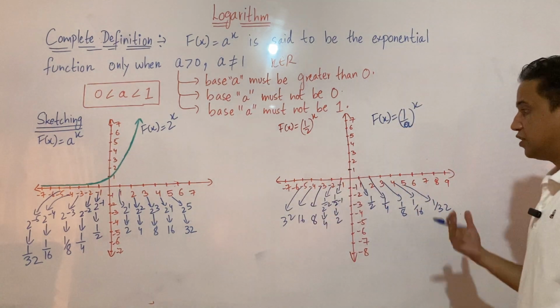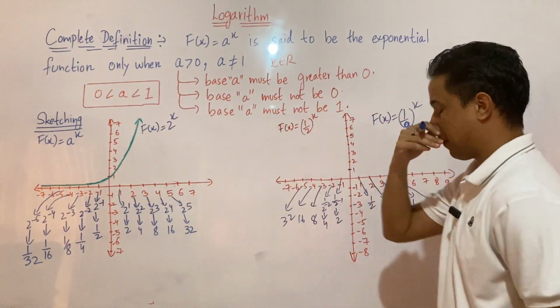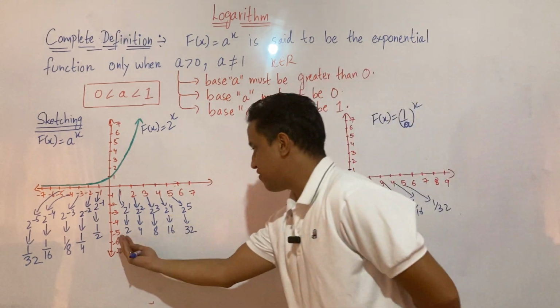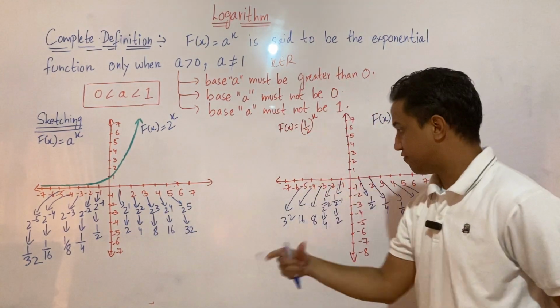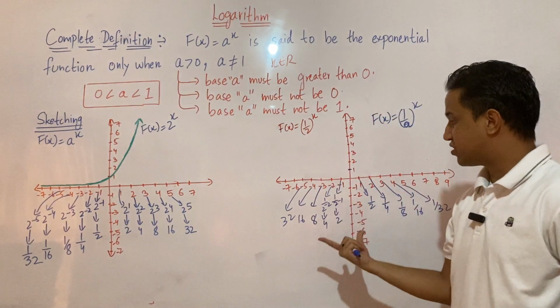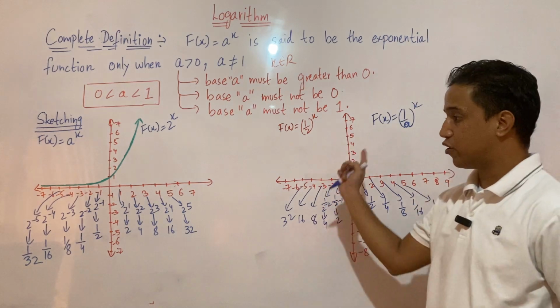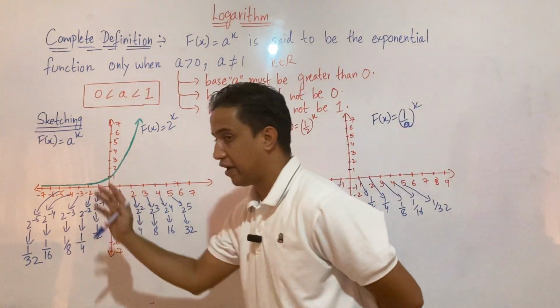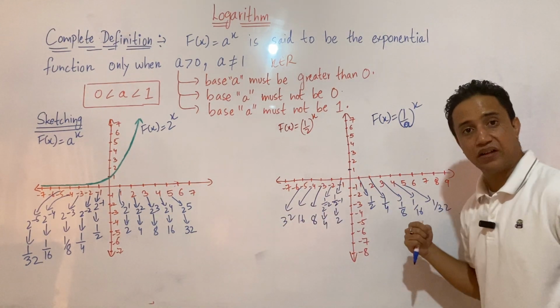Okay, now see here, when we did the graph for a raised to the exponent x, or 2 raised to the exponent x, the same values we got on the right side. If you look at this graph, you can see the same values of y we are getting on the left side, and the values that we get for this graph on the left side, you can see here we have the same values on the right side.